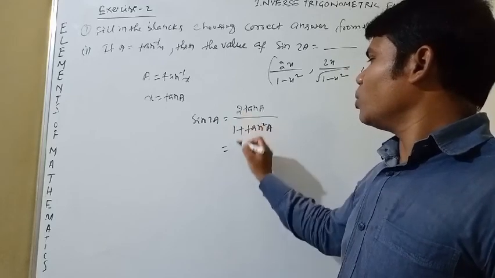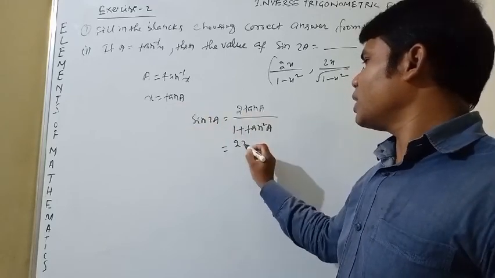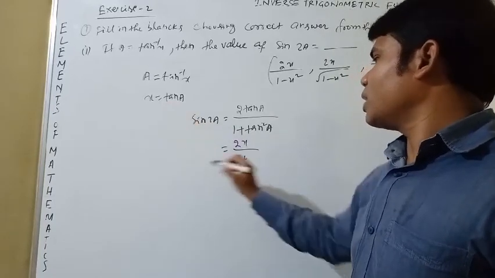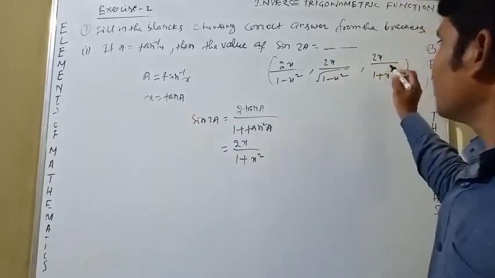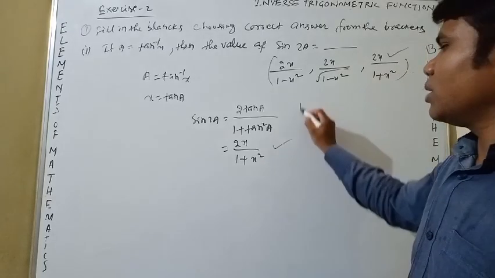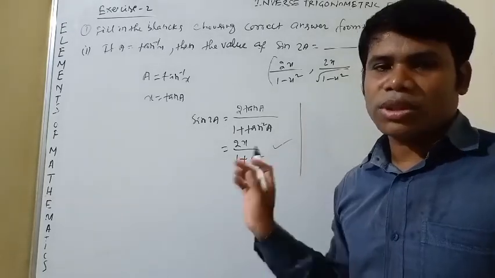Here 2 tan a is equal to 2x, and 1 plus tan square a is 1 plus x square. So this option is the correct option. Pause the video, note it down.